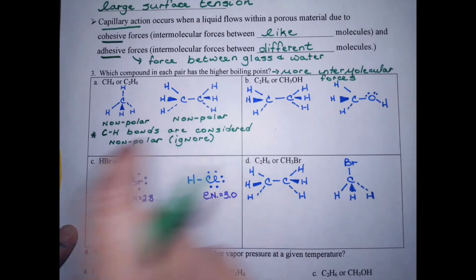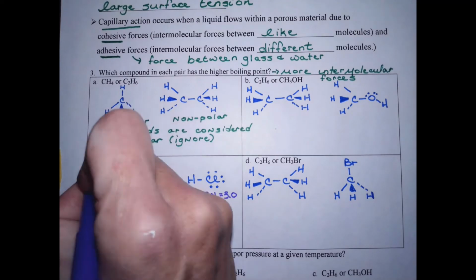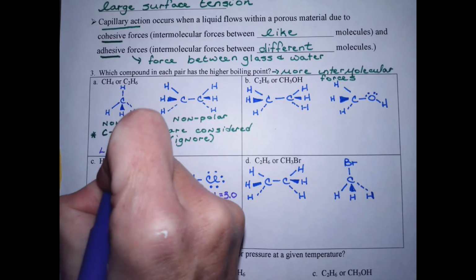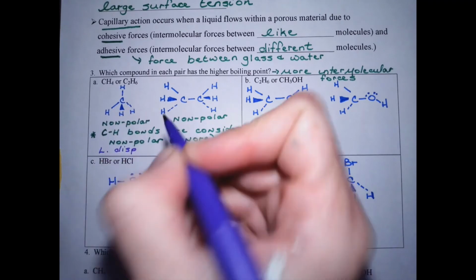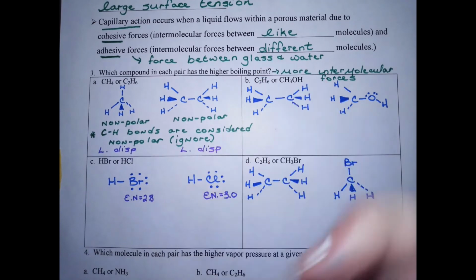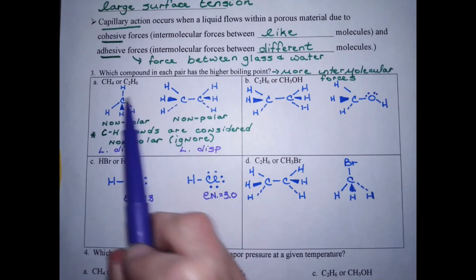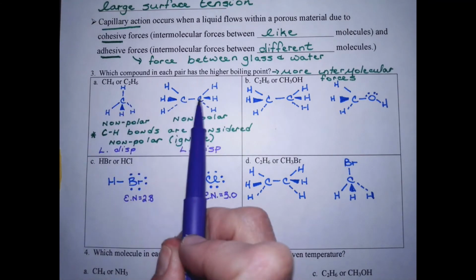So right away, I'm just like, okay, everything's non-polar in these images. Due to the fact that everything's non-polar, we only have London dispersion forces in both of these compounds. Now, when it comes to London dispersion, there are two things we need to think about: size and shape. Both of these molecules have comparable shapes.